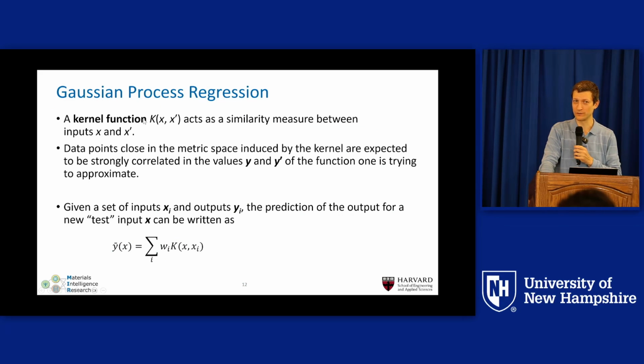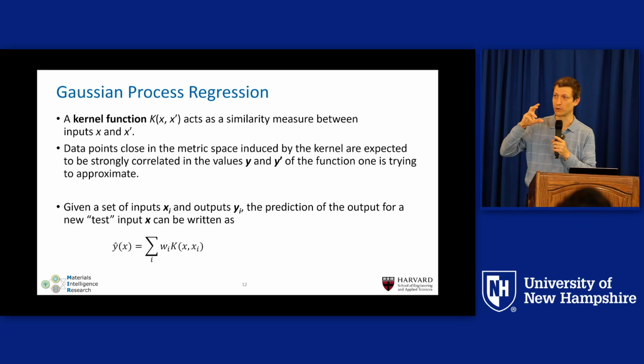How many of you have heard of Gaussian process regression? Okay, I guess maybe about a third. Okay, so just very quickly, you start with some sort of a distance metric in your space of inputs. And then this is called a kernel function. And then the idea of Gaussian process regression is that if the points are close in input, most likely the output will be correlated, right?